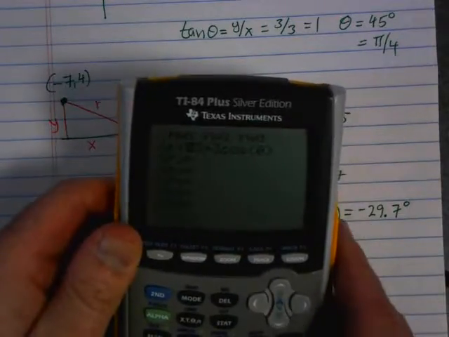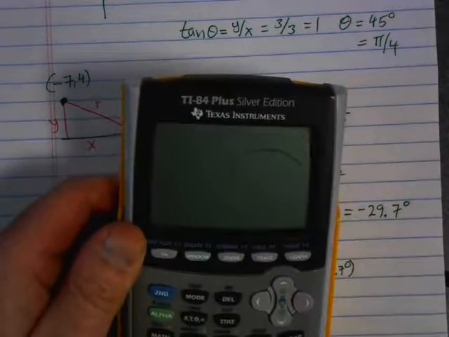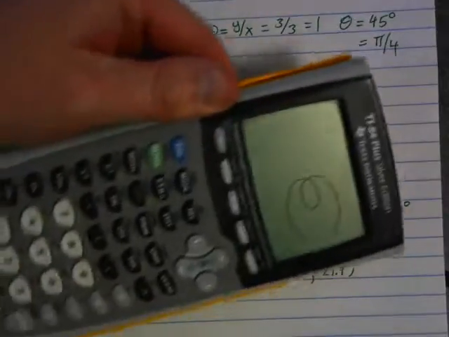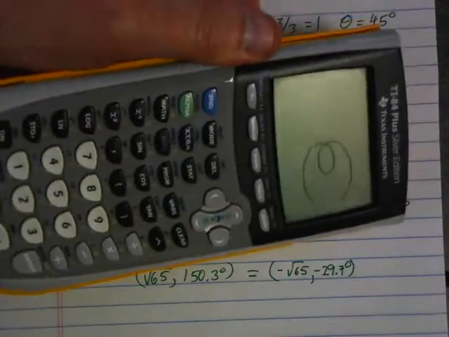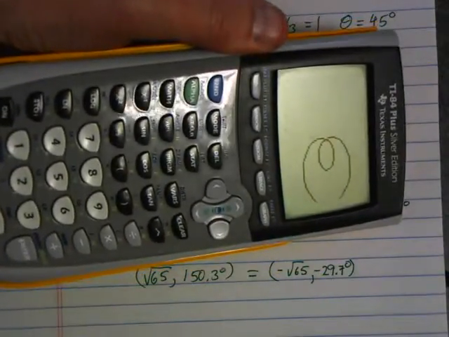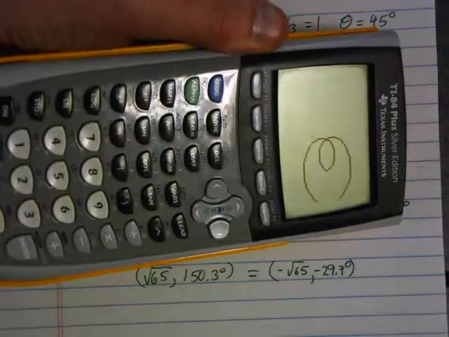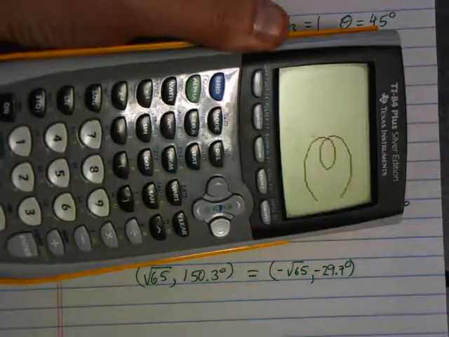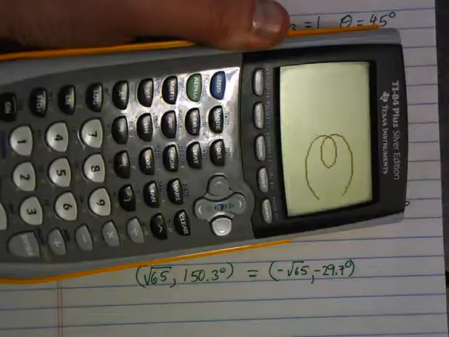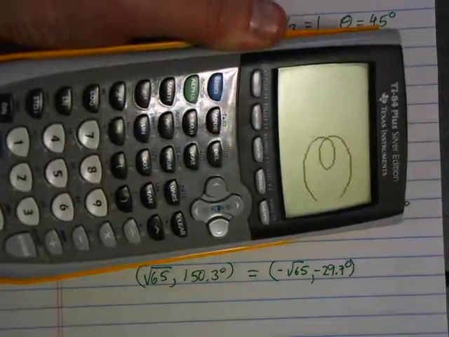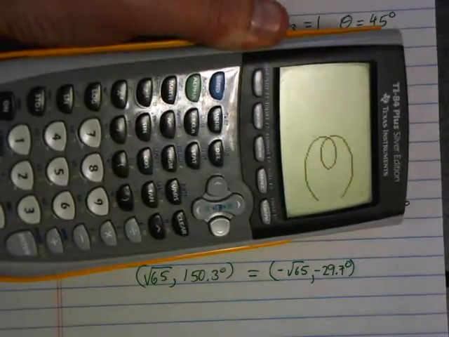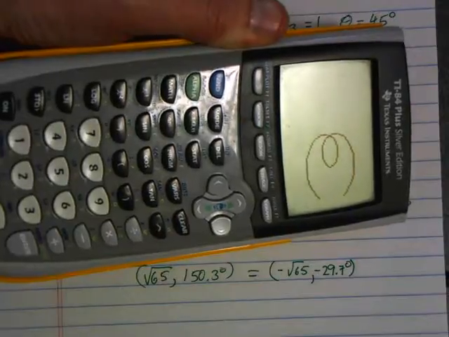Maybe if I make this number bigger, it'll be better. Now I made that a 3 plus 8 cosine theta. Interesting. That's called a limaçon with inner loop.